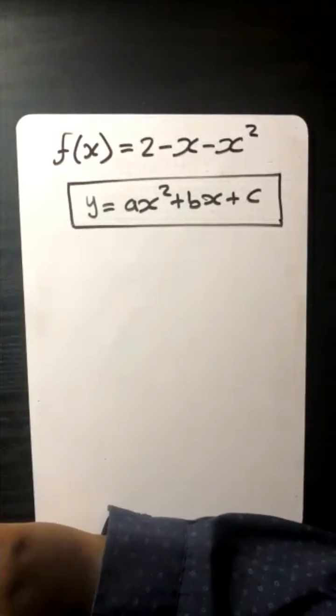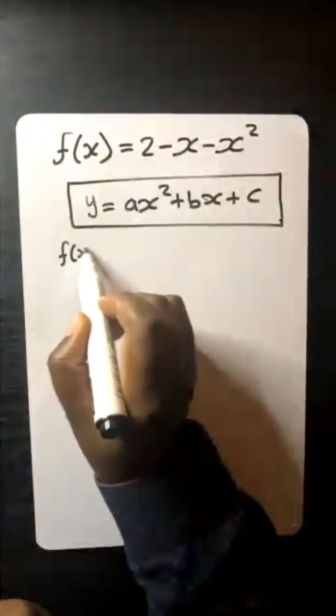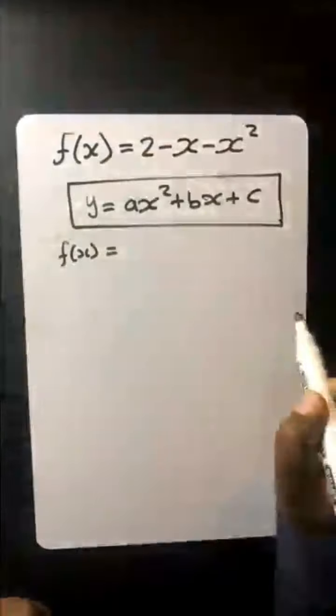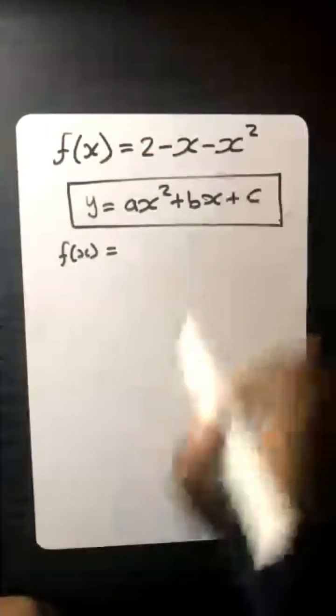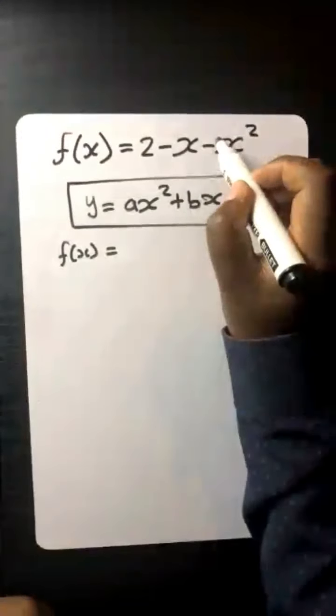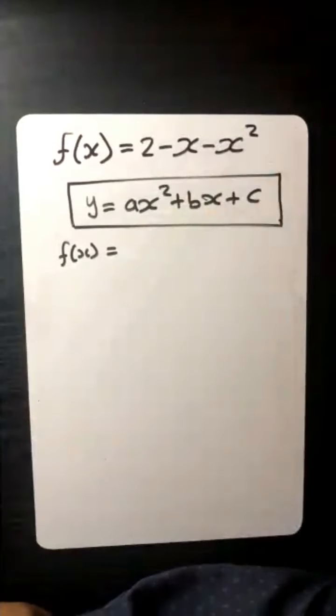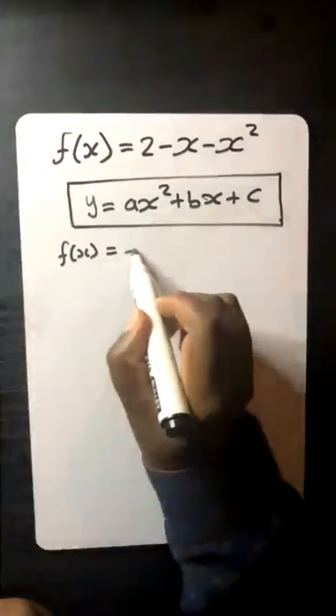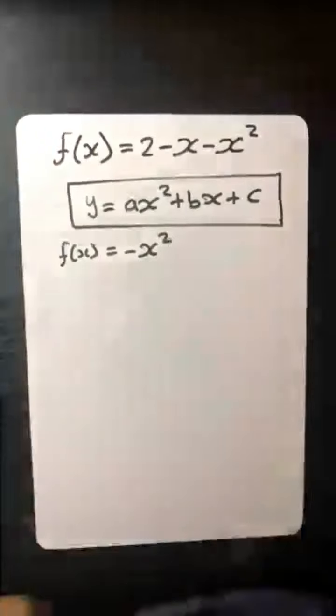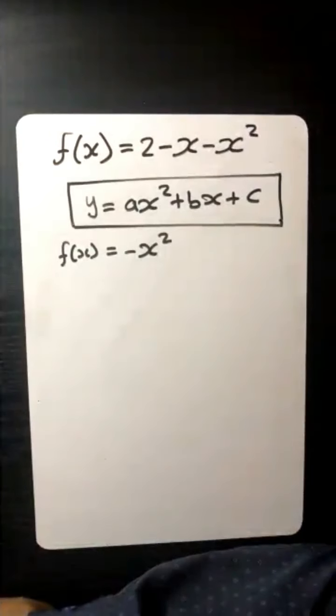Now it means we need to rewrite all of this in the standard form, which means we are forced to have that x squared first. In this case, our a is an invisible 1, which means we have negative 1 x squared.